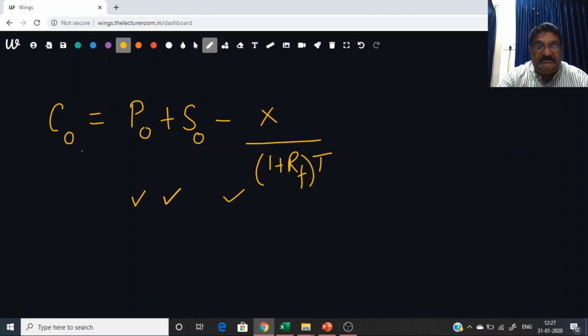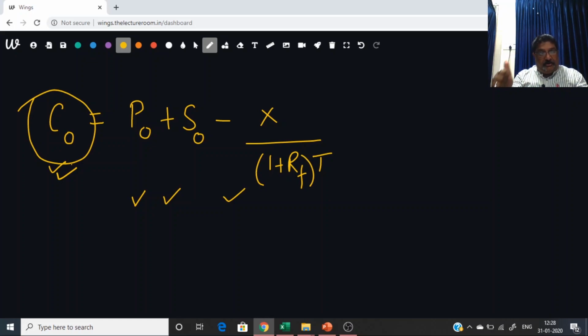If you rearrange the equation solving for C0, you should get this equation. This, my dear friends, is how a synthetic call option is created. In a synthetic call option, you are going long on a put option, you are buying the underlying stock, and you are also shorting the bond at the current date, which is basically your exercise price borrowing, you might say.